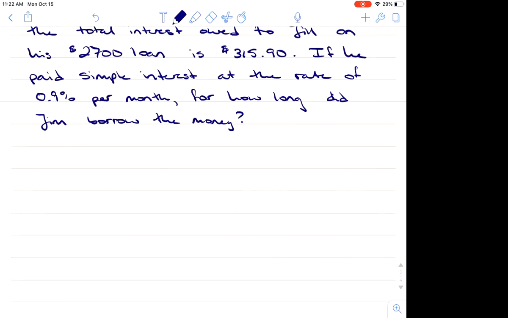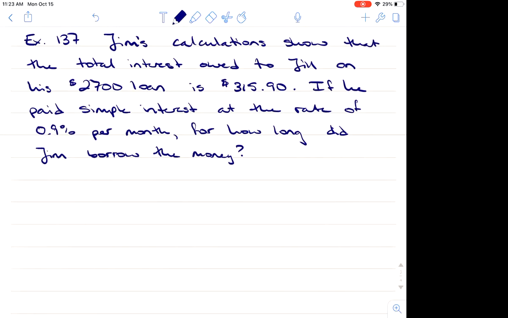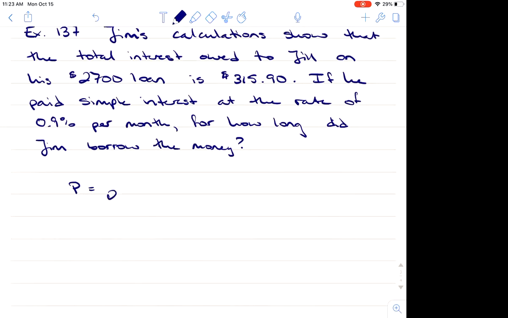Okay. So, how long did he borrow this money? So we know we have to solve for T, but let's start just like we have always been doing, right? Let's list all the things that we know, also identify what we have to solve for, right? Gives us kind of a clear path. So we know that the initial loan is $2,700. So that's going to be your principal, right? The principal loan or the principal investment. Okay. And the amount of interest that he's owing at the end of however long, right?